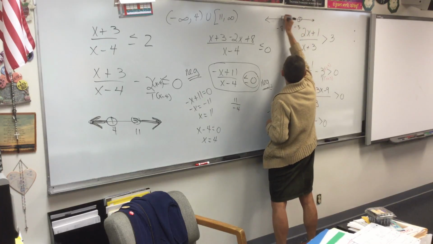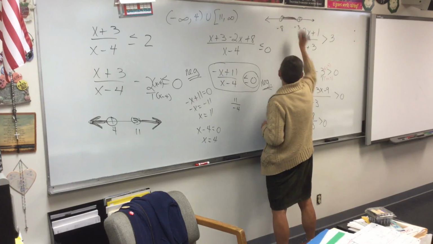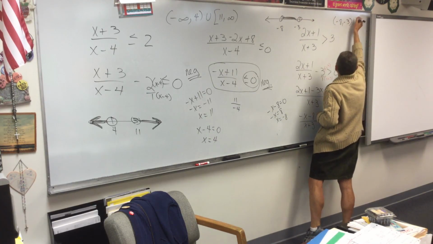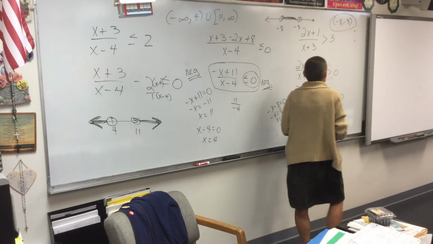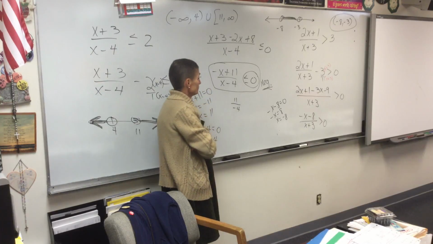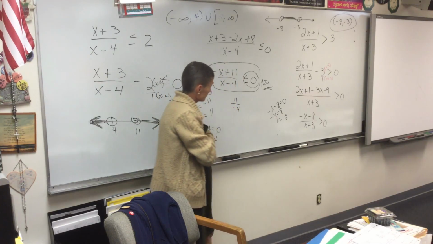Minus, and you go It's negative x. No, there's no equal to. Negative 4. That's gonna be positive 6 over 1.